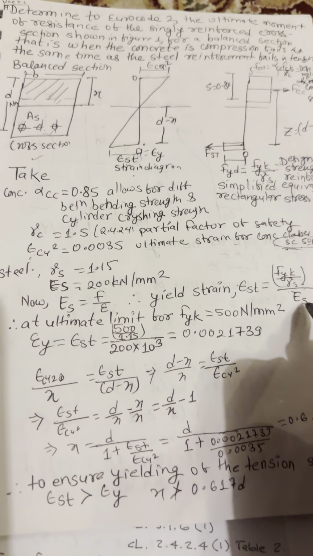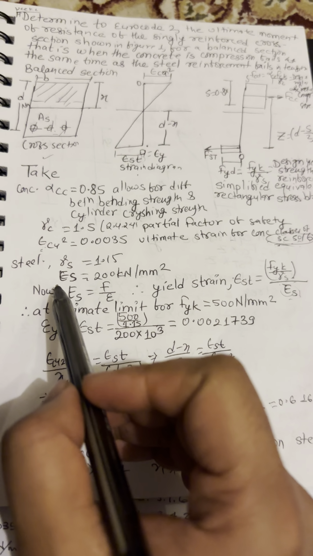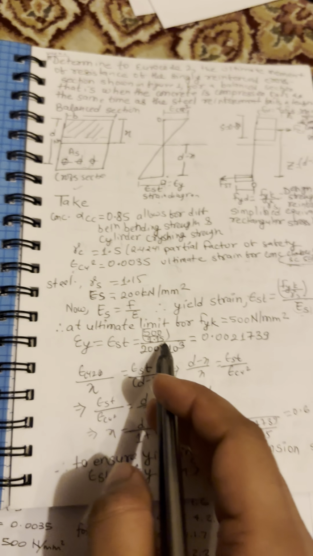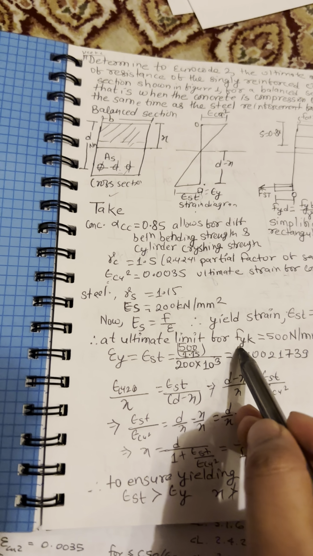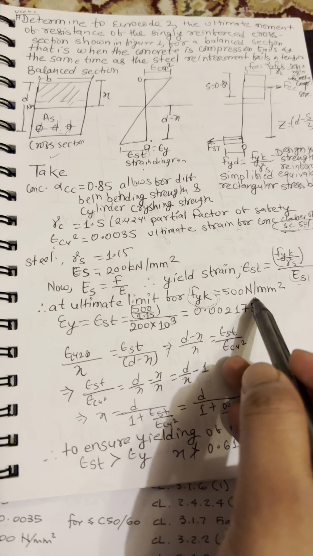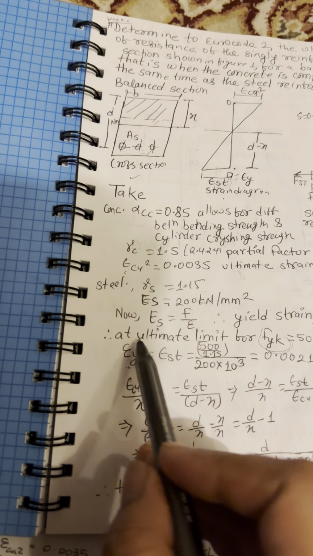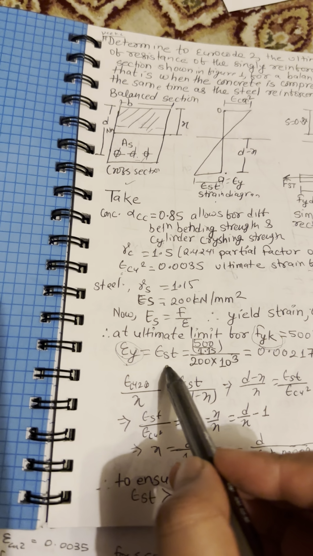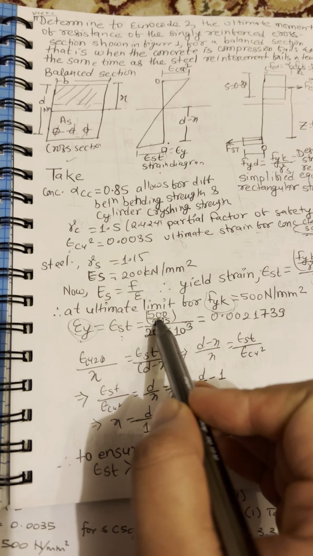Then we suppose the Young modulus of steel is 200 kN per mm square, and at the ultimate state the yield value for steel is 500 Newton per mm square. The yield value of steel is 500.